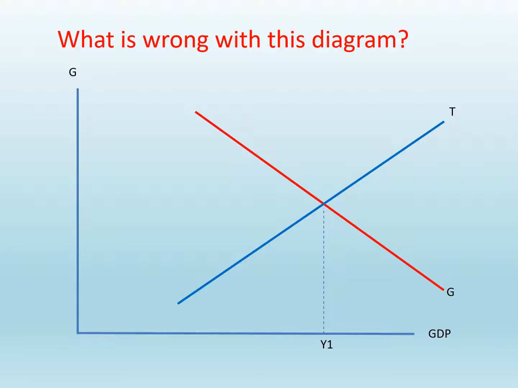Well, what's wrong with the diagram is that certainly before the financial crisis, most countries were running budget deficits at full capacity. So in other words, you have economies which could go up to the point of full capacity.